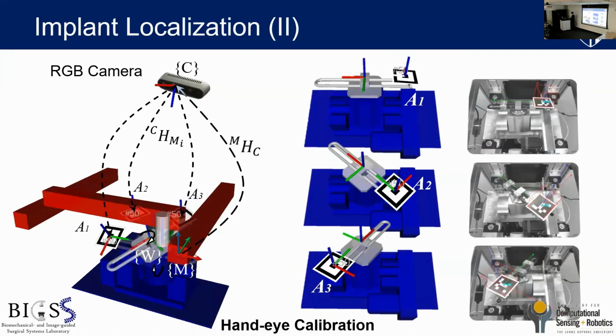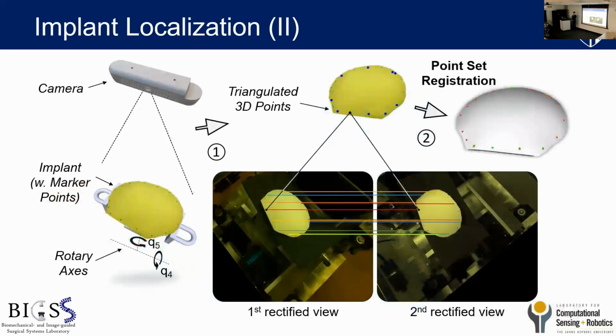This is done by first performing hand-eye calibration using a Aruco marker and computing the transformation of the camera with respect to the machine coordinate system. Once we have that, we can use the camera to detect the markers that are defined on the implant. And using the 3D reconstructed coordinates of the markers, we can register to the CT space.